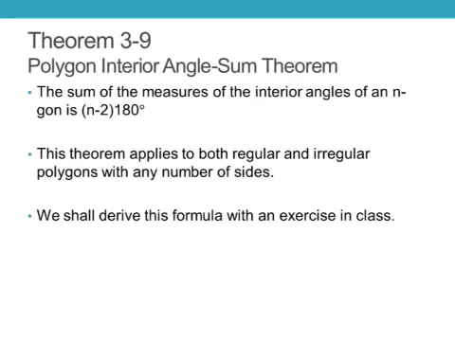So if we add them all up, we get 4 triangles that each have 180 degrees, okay? And that's how we get the measures of our interior angles for any number of sided polygon. And this applies to both regular and irregular polygons with any number of sides. And we'll derive this formula more thoroughly with an exercise in class.